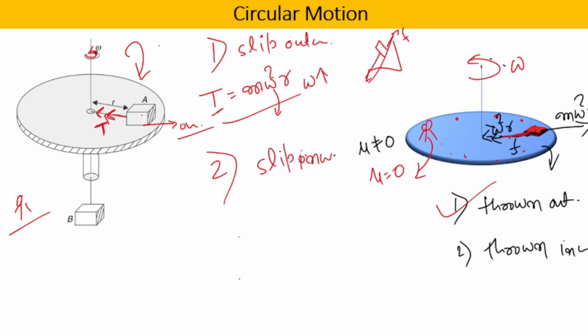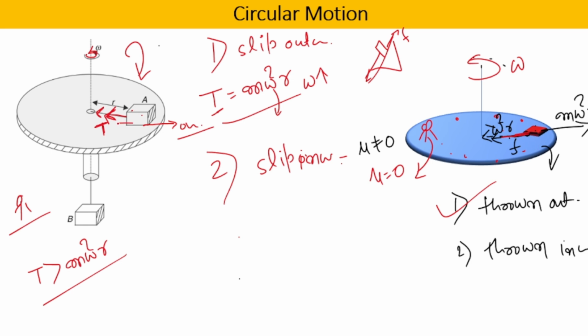And when can this happen? Let's say the omega value is small. Omega is not that strong, and tension becomes greater than m omega square r. So tension is providing centripetal force, but it has more than that amount of force. It will try to pull this block towards the axis of rotation.